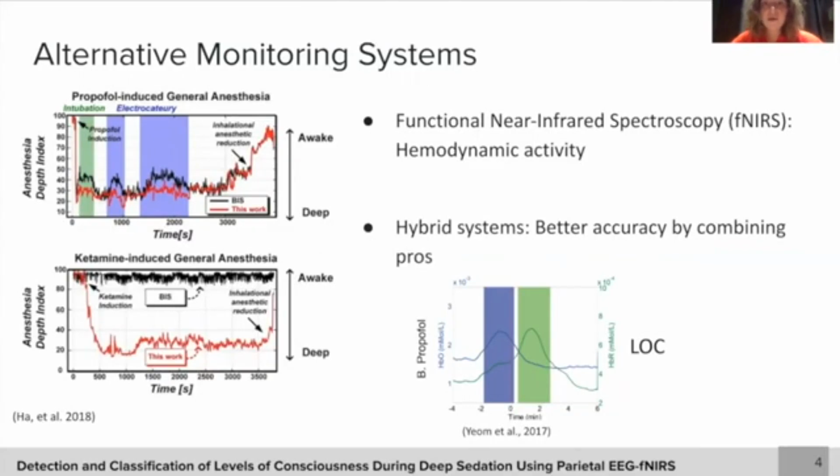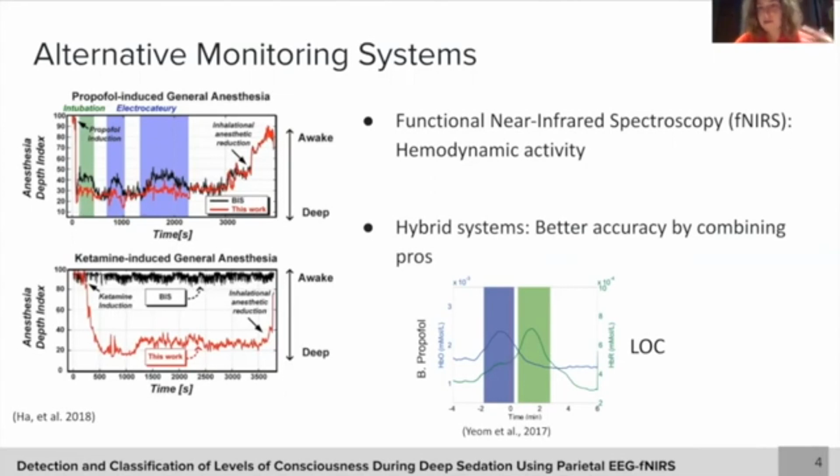So with this, we can think of alternative and enhanced monitoring systems. For example, we can think of other ways of measuring loss of consciousness or levels of consciousness. One example is measuring the hemodynamic activity. This can be measured with different kinds of systems, but one of them is functional near-infrared spectroscopy, or fNIRS, an optical system that measures hemodynamic activity in the brain. Here again, each anesthetic has its own pattern of activity when there is loss of consciousness.